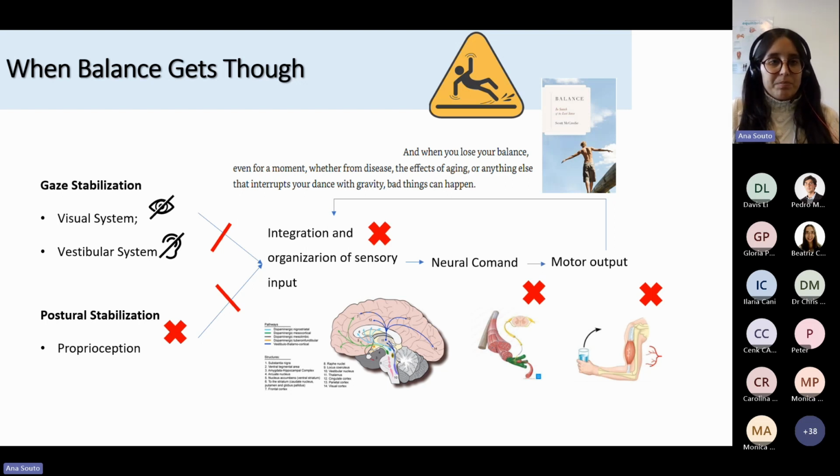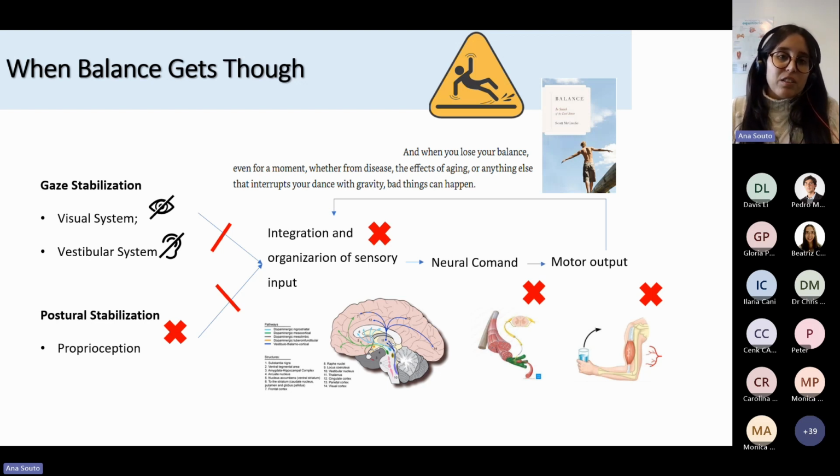So we know that within neurologic disorders, it is possible to observe serious alterations in the peripheral and central nervous system, such as alterations in proprioception, changes in the afferent pathways, or injuries that compromise the central integration and organization of sensory input, or even the musculoskeletal system.